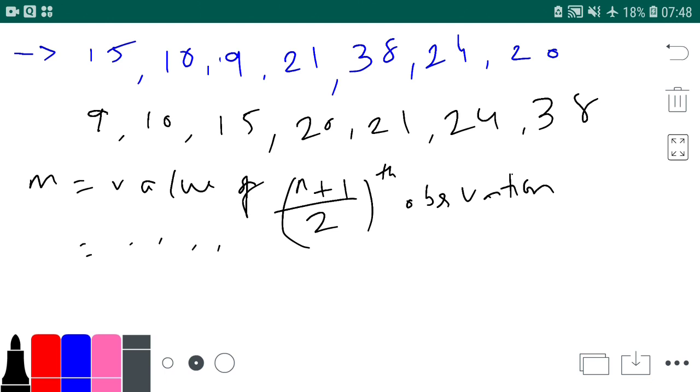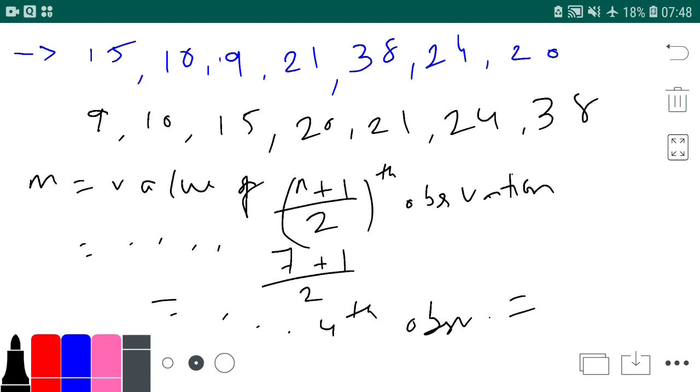Now what is n? You can count it: 1, 2, 3, 4, 5, 6 and 7. So it's 7 plus 1 upon 2. 7 plus 1 is 8, 8 by 2 is 4. So median is the value of the fourth observation.